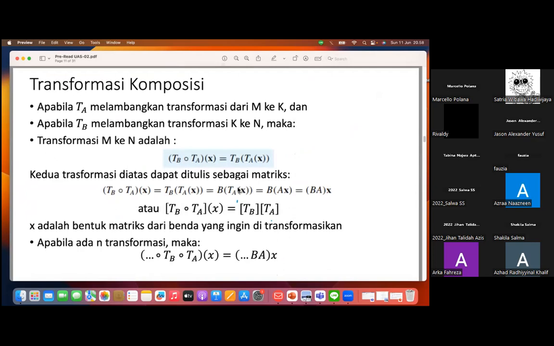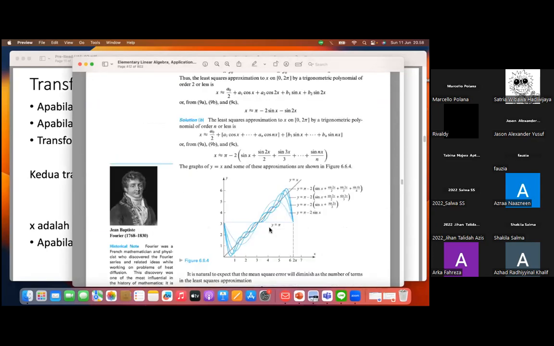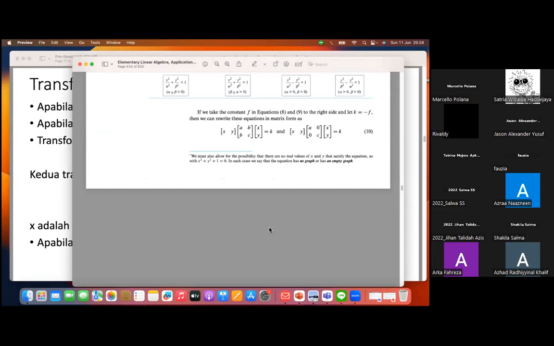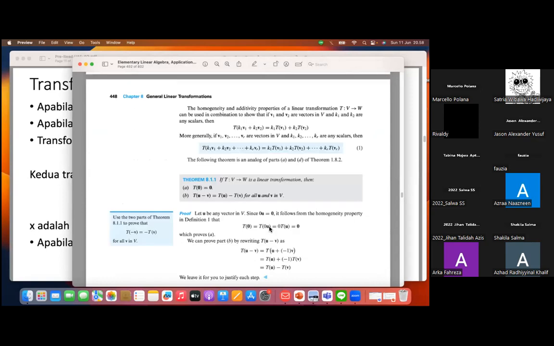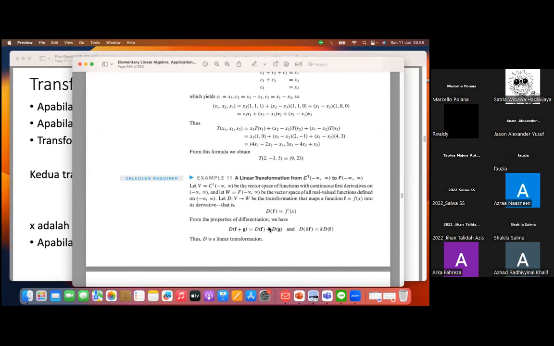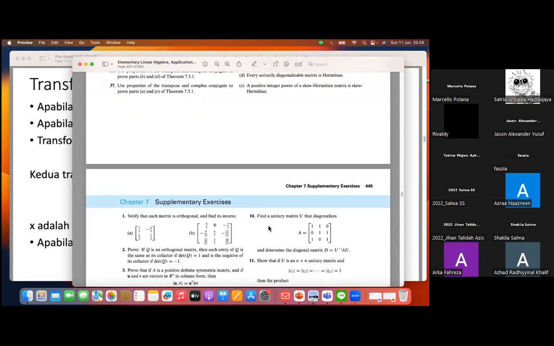Next we have something called transformation composition. Let's say we have TA, which is a transformation from Rn to Rk, and TB is a transformation from Rk to Rm. It's like jumping.